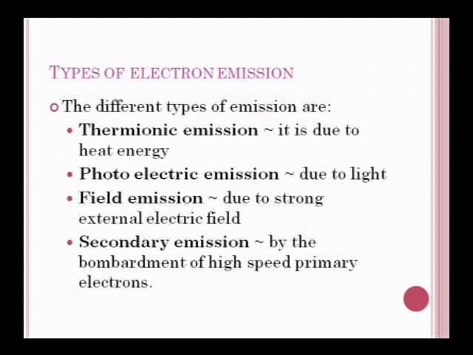The third is field emission, where an external strong electric field is used to remove the electrons. And finally, we have secondary emission, by means of which highly speedy primary electrons are used to bombard the surface, and in turn we get the secondary emission.